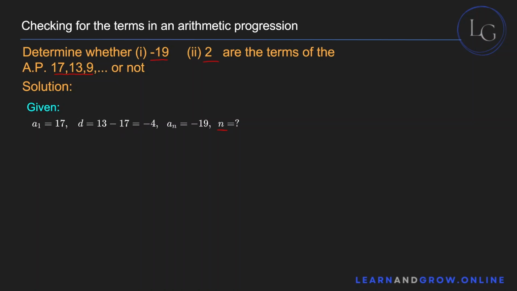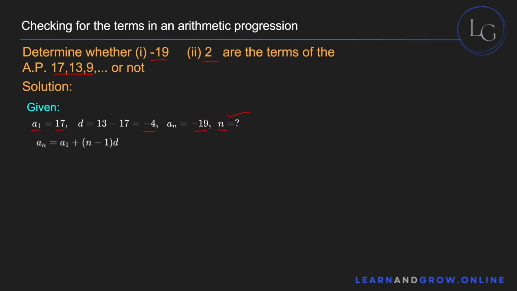So we have been given the first term, which is 17, and obviously the common difference will be the difference between two consecutive terms, so 13 minus 17, which is minus 4, and the term that has been given to us is minus 19.